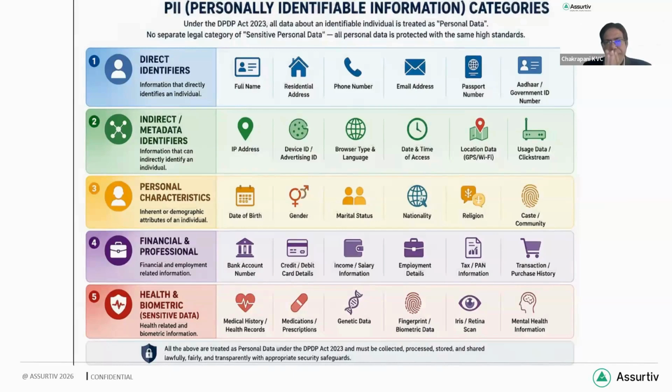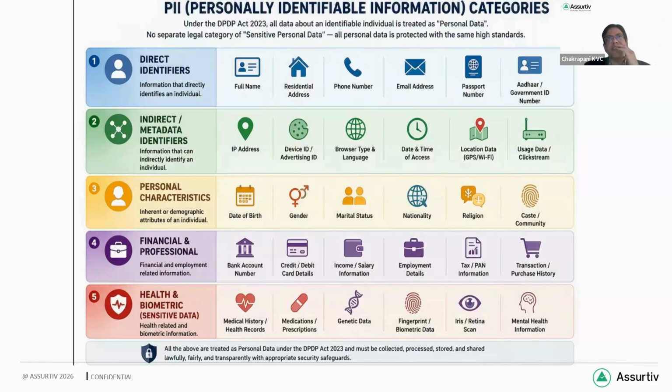Sensitive personal data, generally we call it health or biometric details, is not specifically defined. So we are going to categorize: direct identifiers, indirect identifiers, which are called metadata, personal characteristics, financial and professional data, and then health and biometric data.